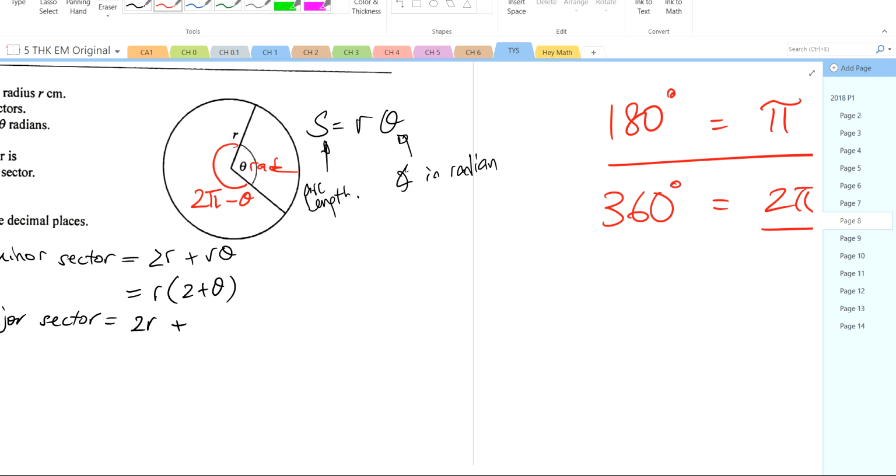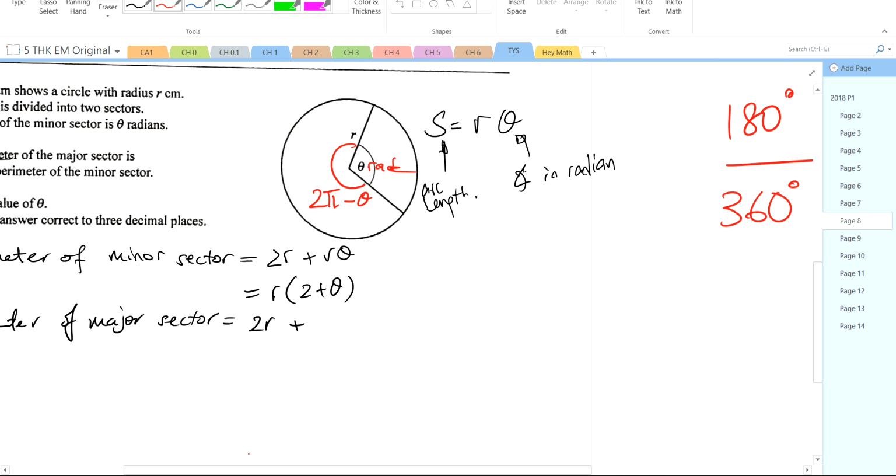Arc length of the major sector. The formula is still the same, r theta, where theta is the angle. So now 2r plus, what shall I write next? Perimeter of the major sector. I've got the 2 radius already.